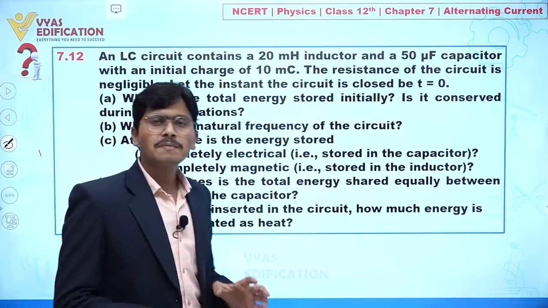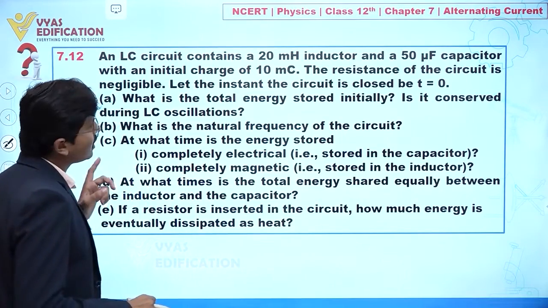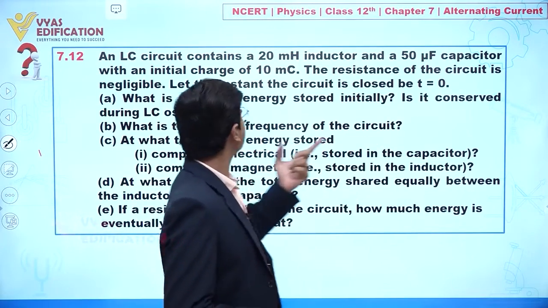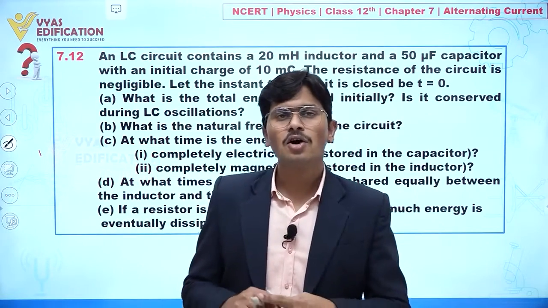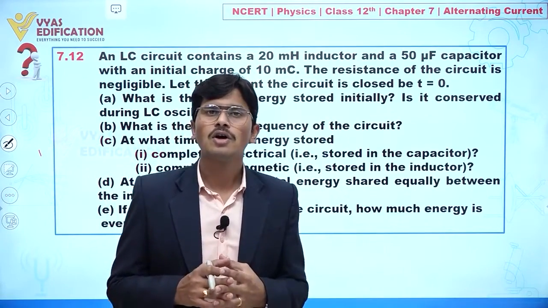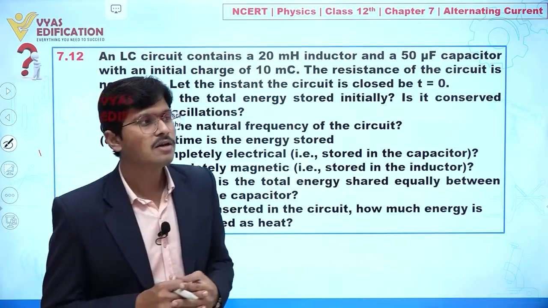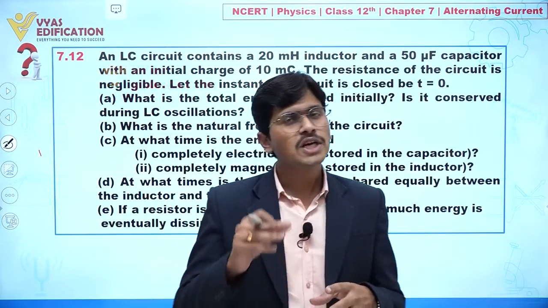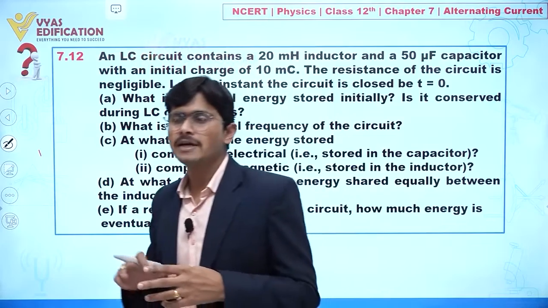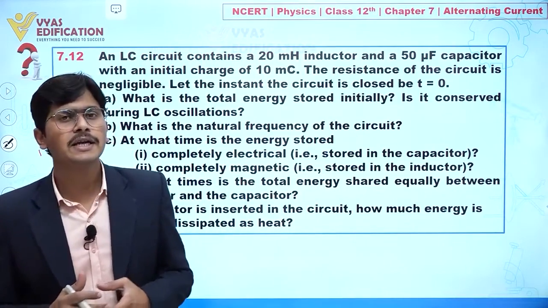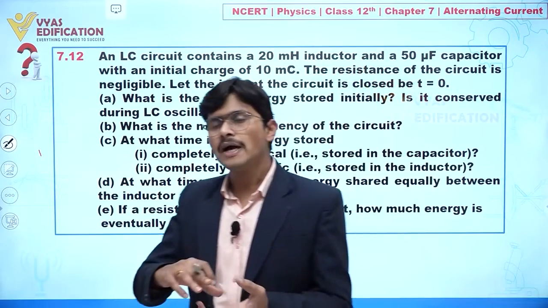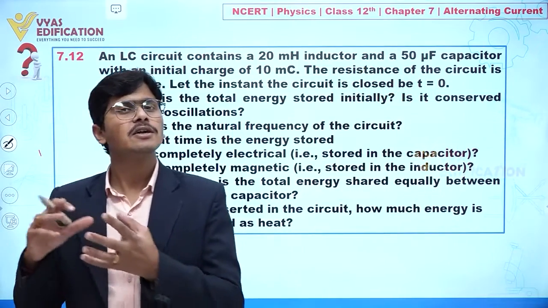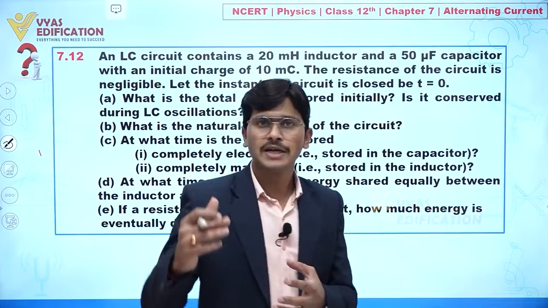Now in the second part, is it conserved during LC oscillation? Yes. Actually initially all the charge is stored on the plates of a capacitor, clear. As we connect the inductor, some charge will flow from the capacitor and it is stored as magnetic energy in the inductor, clear. So definitely some of the energy of the capacitor is shared with the inductor, clear.